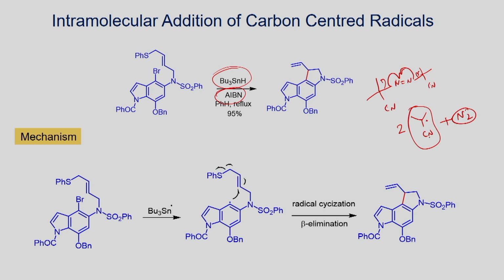When you have this radical which can react with the tin hydrogen bond, the bond is weak, it can undergo reaction readily with this radical, and you will be able to form tributyl tin radical.